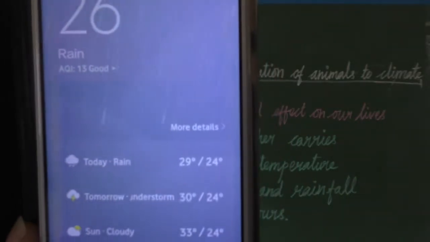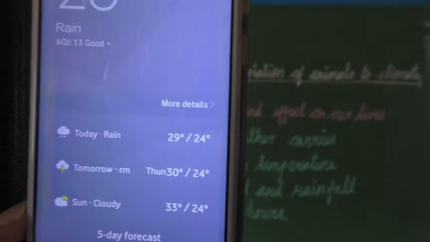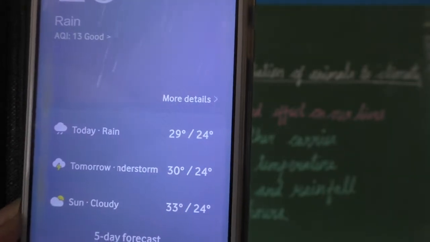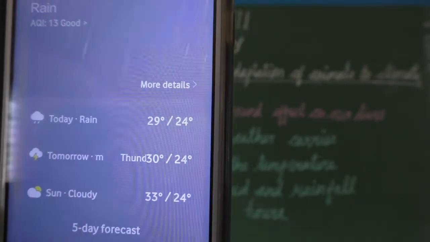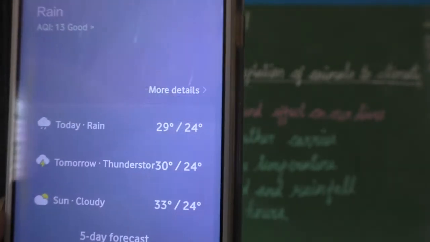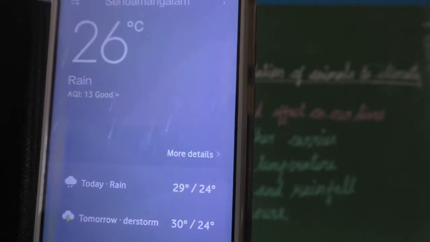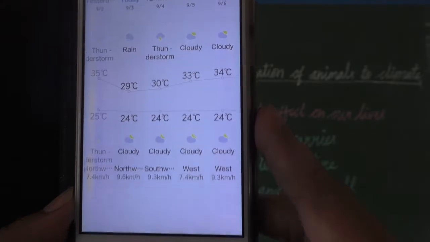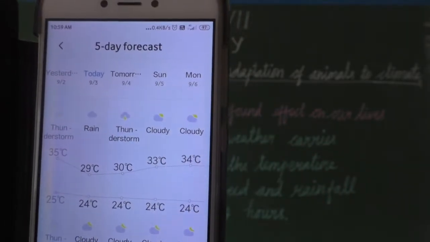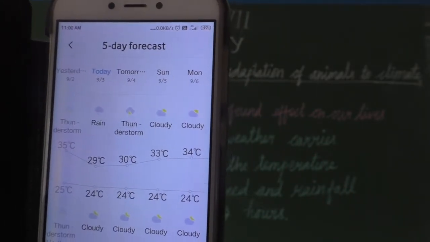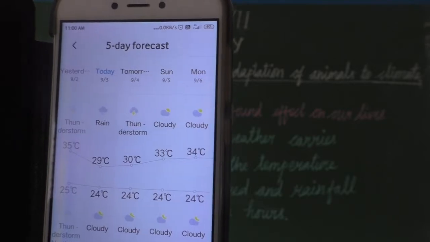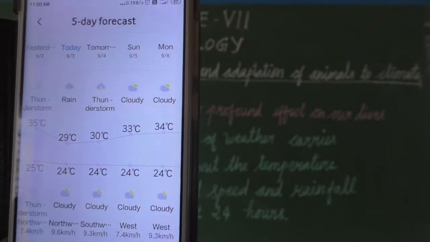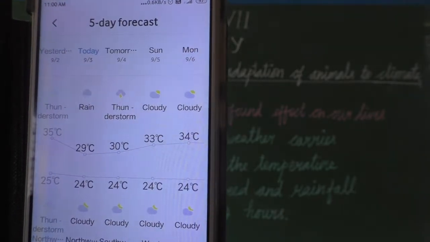Today we may get rain, and tomorrow thunderstorm, then on Sunday it's cloudy, isn't it? So like that we can get weather information. The next 5 consecutive days' weather report is also given, isn't it?